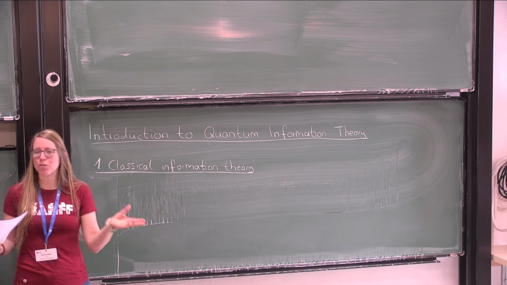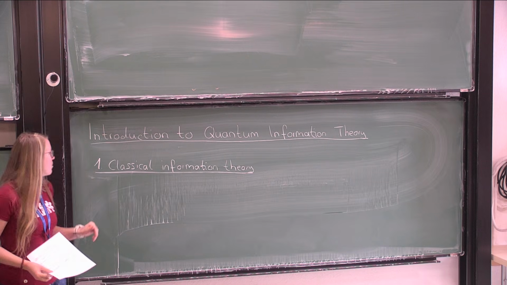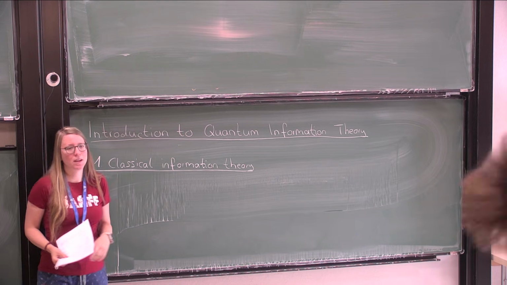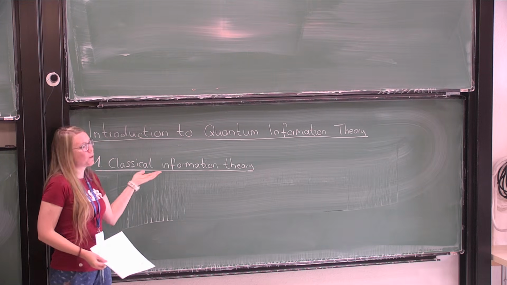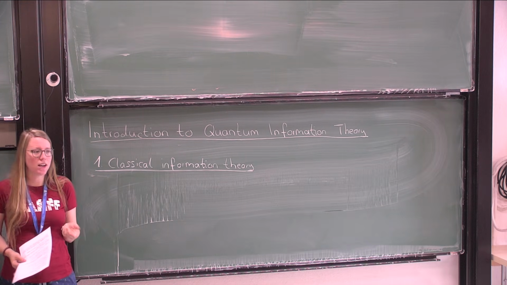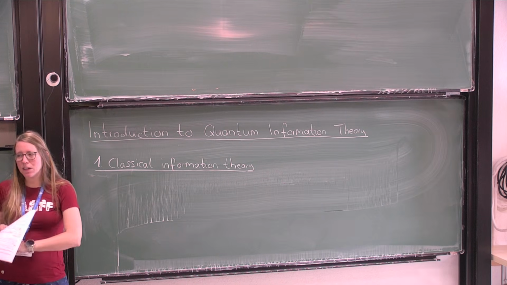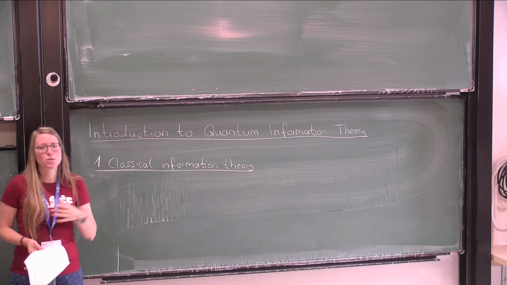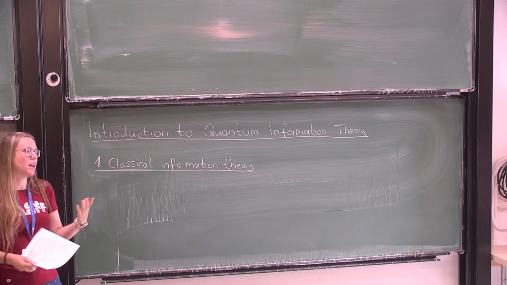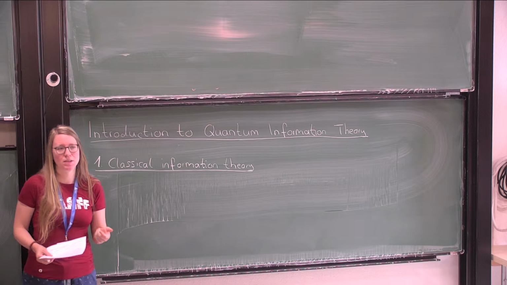I don't know what all of your backgrounds are, so if something's unclear, just let me know and then I can explain it. So, the question that classical information theory is trying to answer is: what is information and how can I quantify it? How can I build a mathematical theory to describe information, which is a very abstract concept?